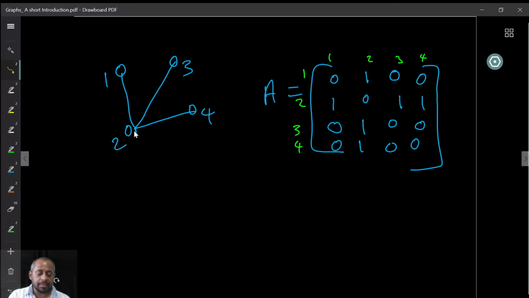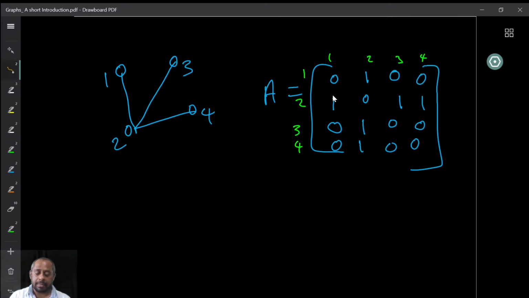Then 1 is not adjacent to any of the other things, so therefore all these values are 0, right? And then you have 2 is adjacent to 1, because the matrix is going to be symmetric, because you can see that whenever 1 2 is an entry, 2 1 is also an entry, because 1 and 2 are adjacent.